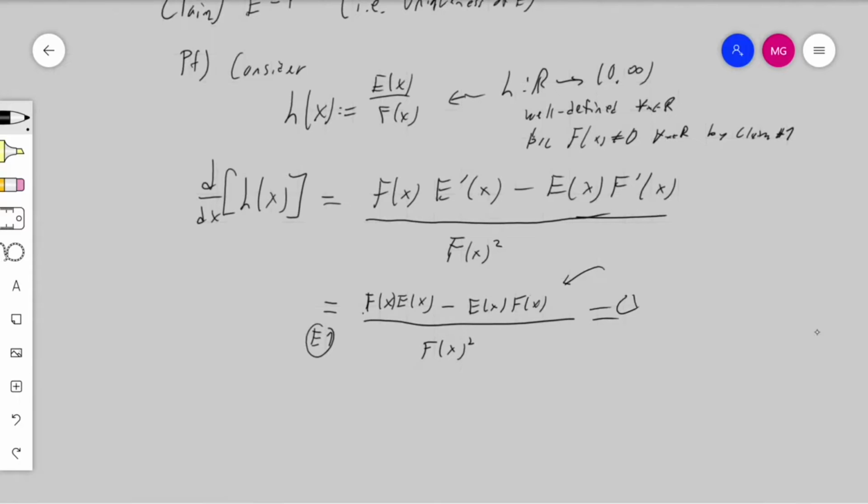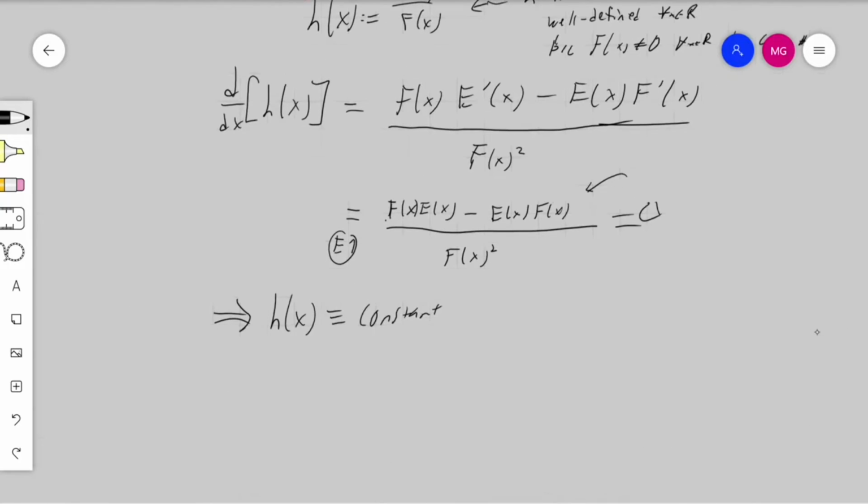And so again, what we can conclude is that this function, h of x, is constantly equal to some constant number. And we don't know which number, but we can figure it out. So let's plug in 0 and see what we get. Well, it's e of 0 over f of 0. And by property e2, this is just 1 over 1, which is 1.